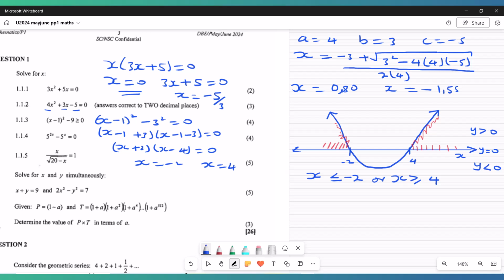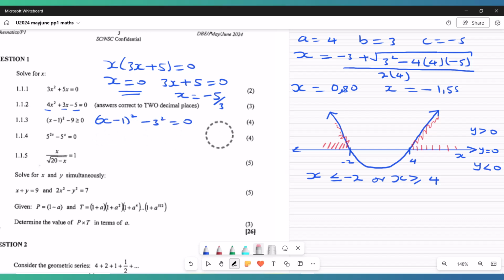Next question, we have 5 to the power 2x, that's 1.1.4. If you check it out, we are also solving here, and what we have is 5 to the power 2x minus 5 to the power x equals 0.